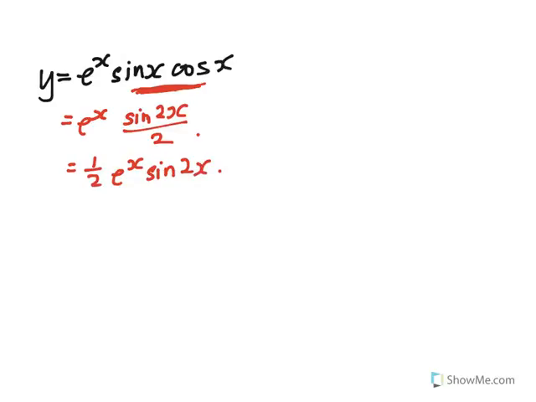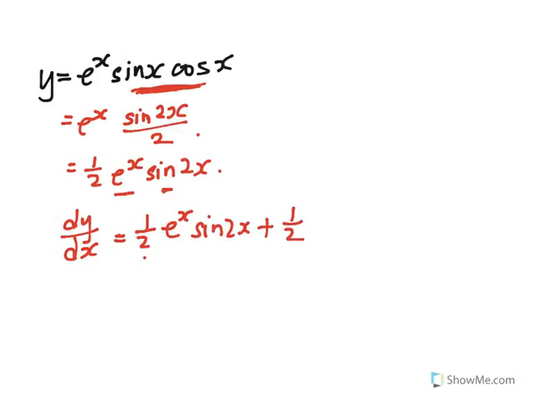We need to prove that d2y/dx² equals something. So let's try. We have to differentiate. So dy/dx will give us half. Let's differentiate the left, keep the right. So differentiate e^x, we get e^x times sine 2x. Then we differentiate the right, plus half again. This half is a constant coefficient.